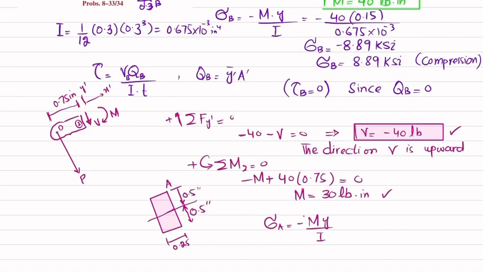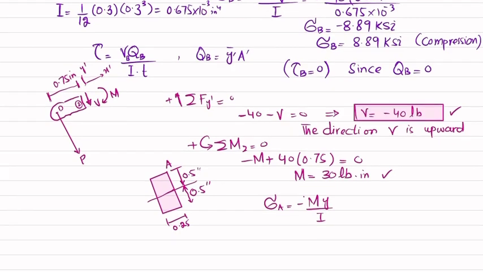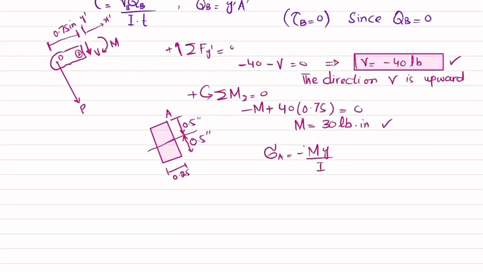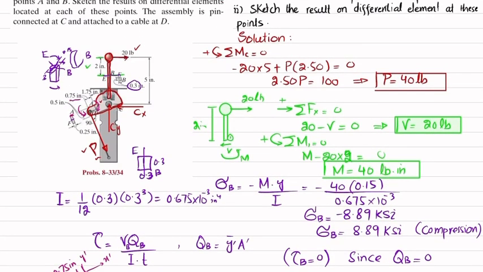You can also write it: upper surface is in tension and the lower one will be in compression. So for point A, you can also write the stress at point A as M into c divided by I, and this will be in tension because the upper portion is in tension.